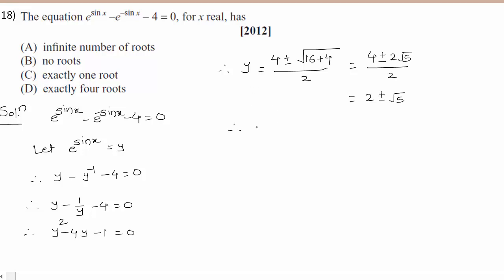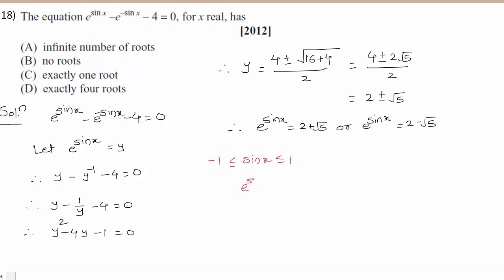So we can say e raised to sin x is 2 plus root 5, or e raised to sin x is 2 minus root 5. Now there is an important point to note, students, that sin x always varies between minus 1 and 1. We know this fact, right?